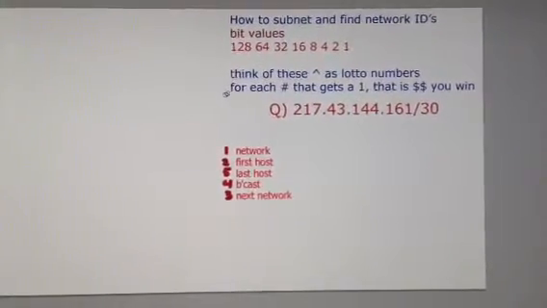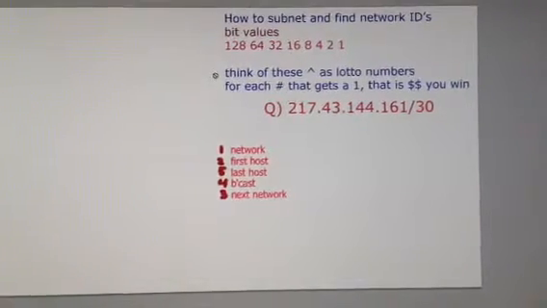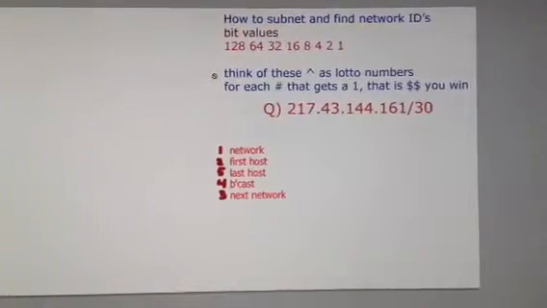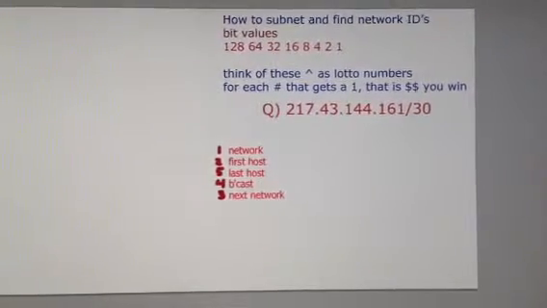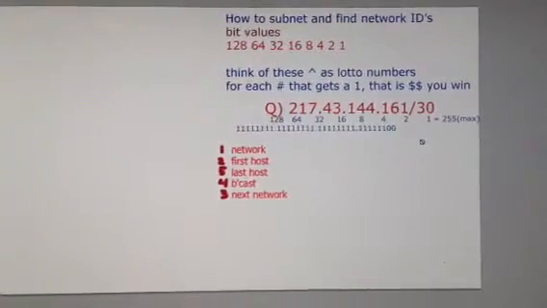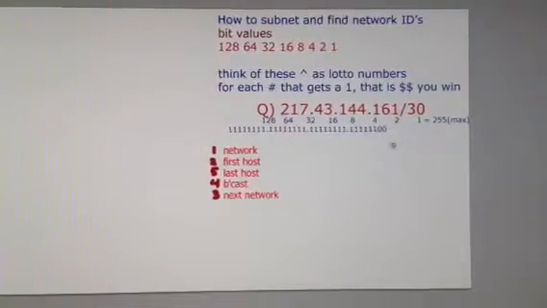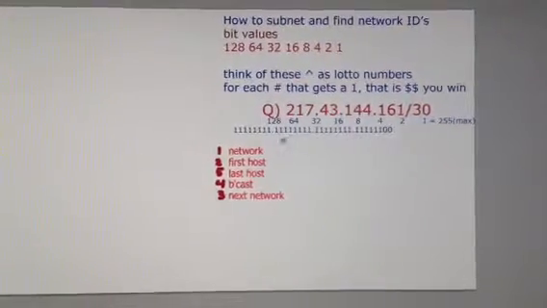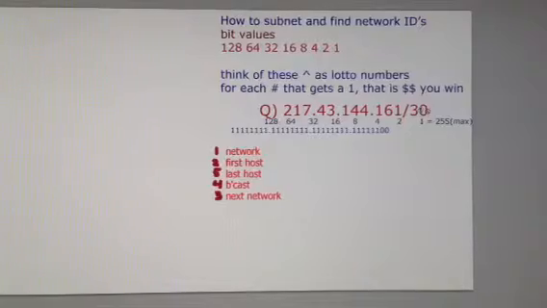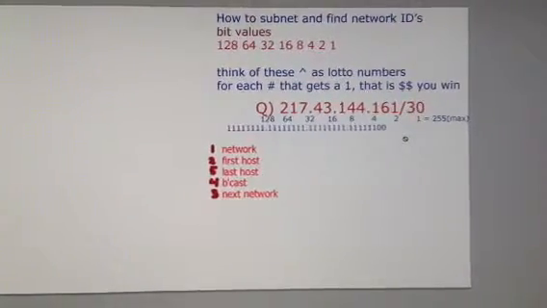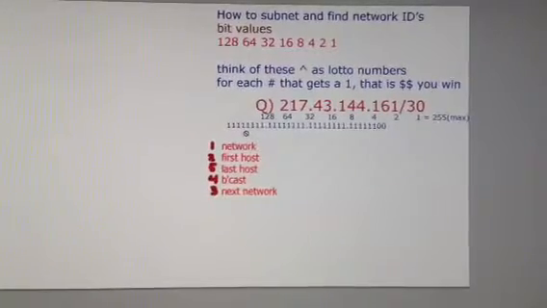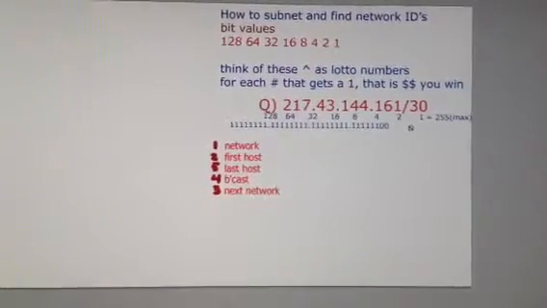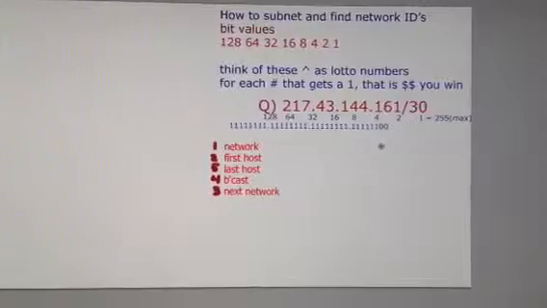Anyway, think of each of these numbers as numbers on a lotto ticket. For each number that gets a 1 in binary is money that you win. This ticket allows you to win 30 times. So, what you're going to do is write out these ones 30 times because that is our subnet.